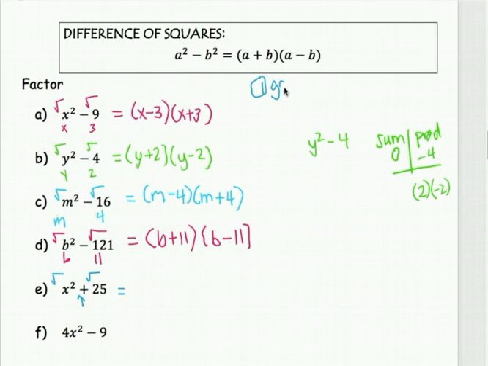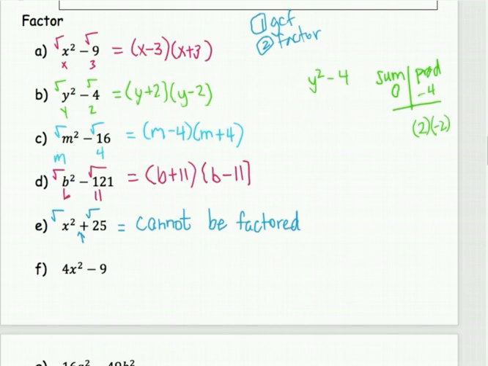Okay, step 2, then you factor. Go through those steps. Okay, so we're noticing here that we don't have a difference, so if you ever have an add, this isn't going to work. So you write cannot be factored. Okay, so if you don't have a difference, cannot be factored, okay? All right, keep going.